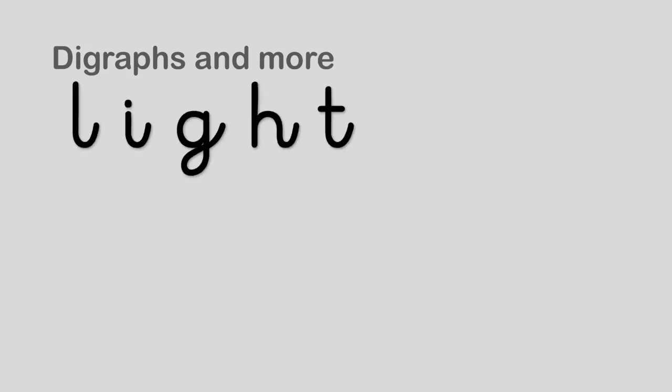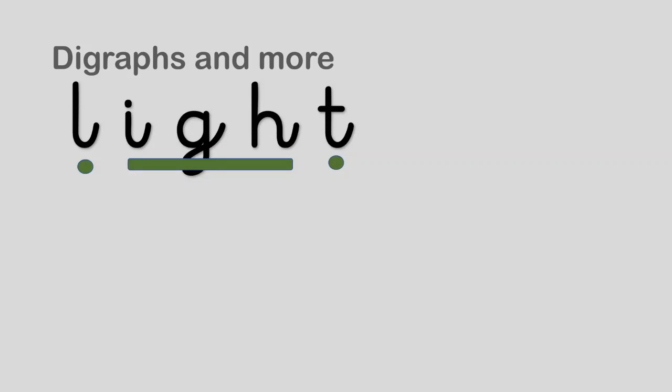So as I said, in English, sometimes 3 letters can represent one phoneme, sometimes 4, and in rare cases, more. So let's have a look. Here in the word light, we can see l, IGH represents the phoneme i, t, light.